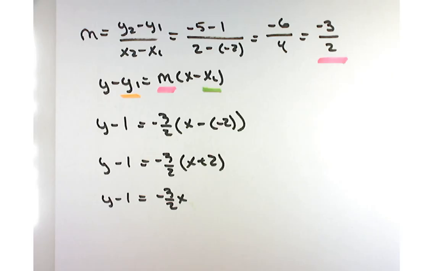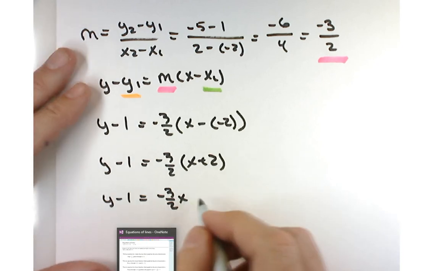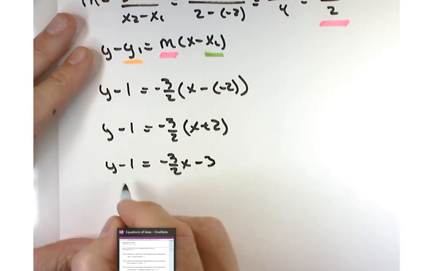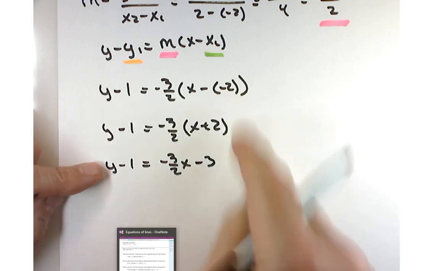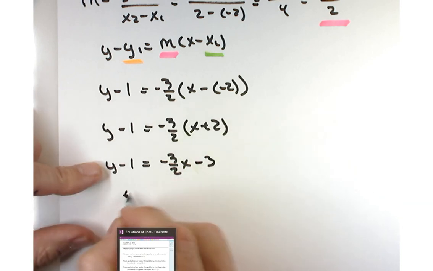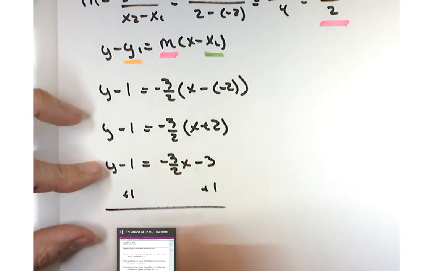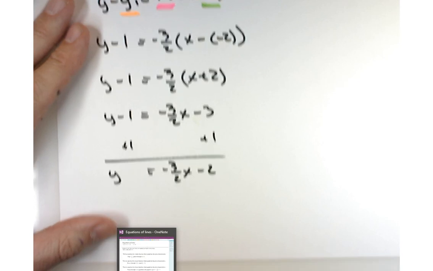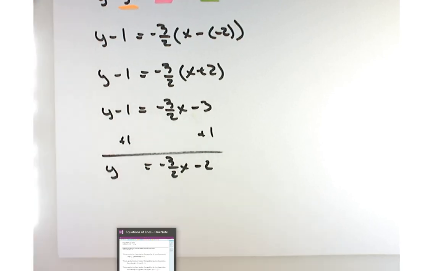But like I said, if it's not really in your comfort zone, don't get it wrong because you're being too proud. So minus 3. That's another couple points. And then finally, add 1 to get it in slope-intercept form. That is, you solve for y. And bingo: y equals negative 3/2 x minus 2.